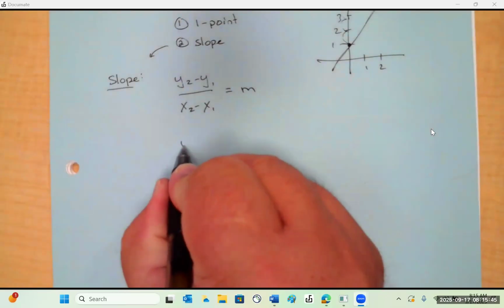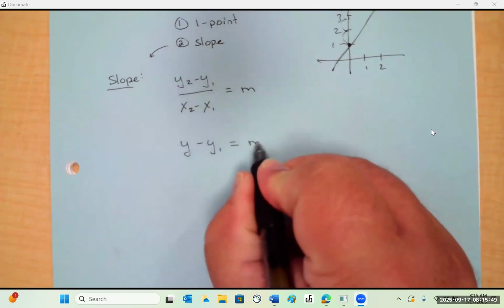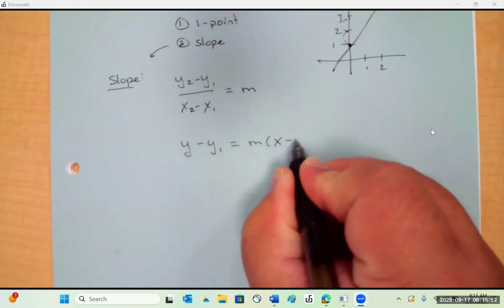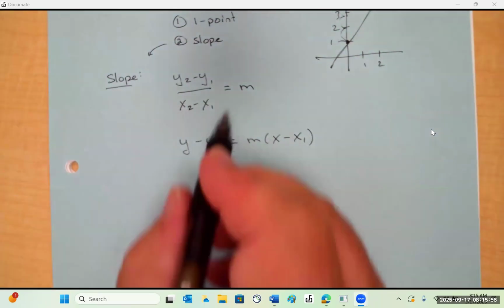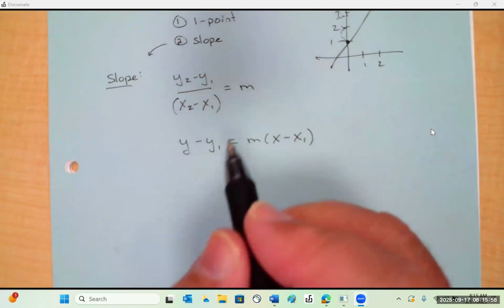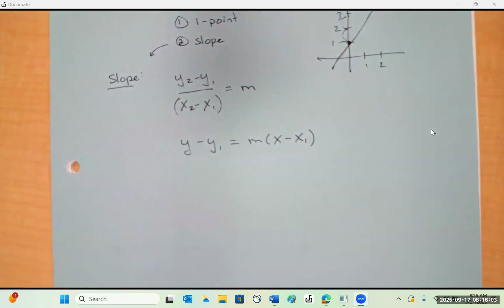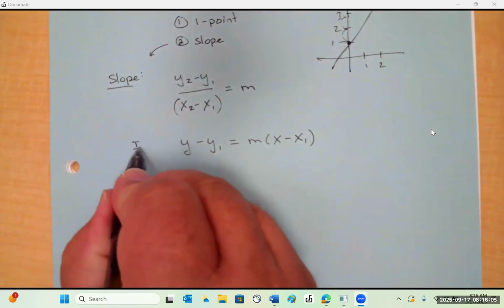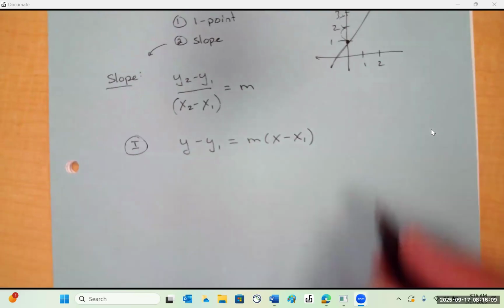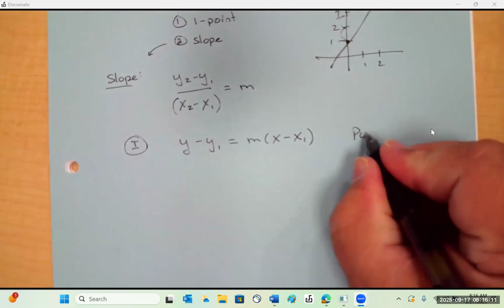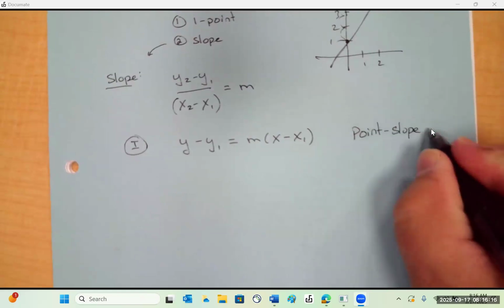The first one: if we multiply both sides by the denominator, we get this. This is our first equation of a line. This is called the point slope form.